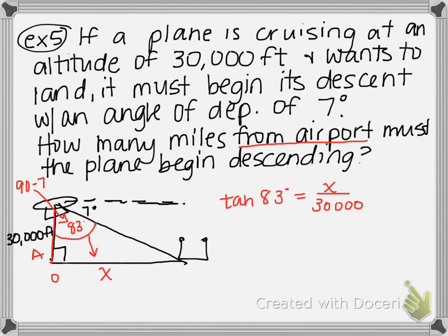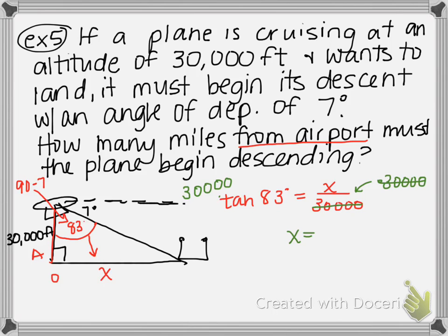And so when we do that, we are dividing by 30,000, so we're going to multiply by 30,000 on both sides to find our side length. So that cancels out because we're doing opposite functions.